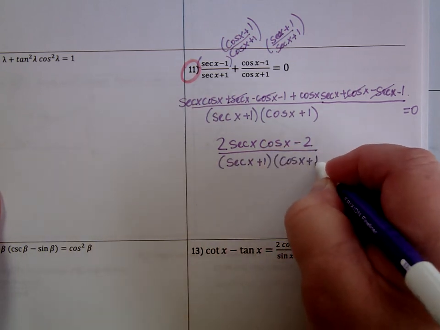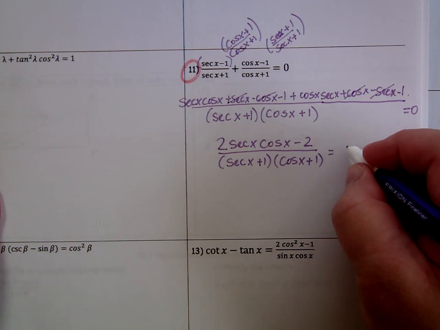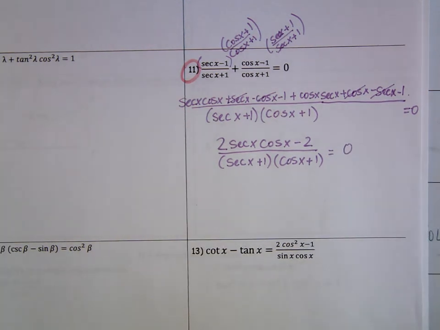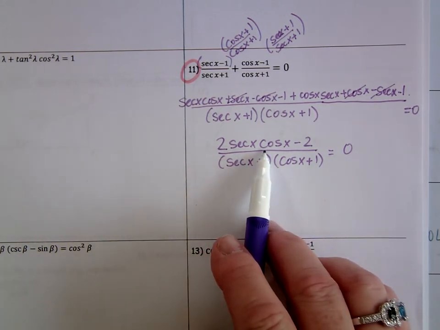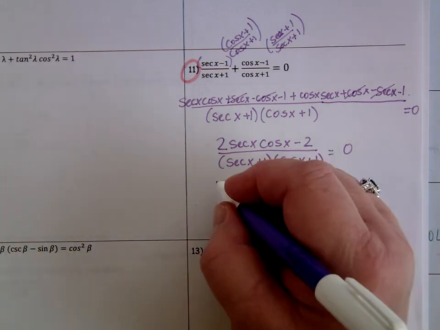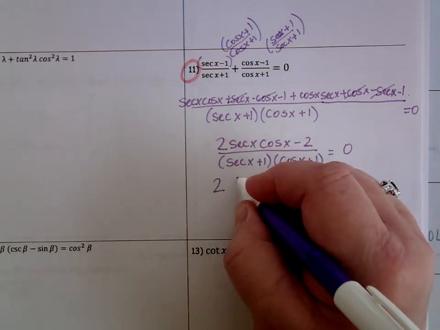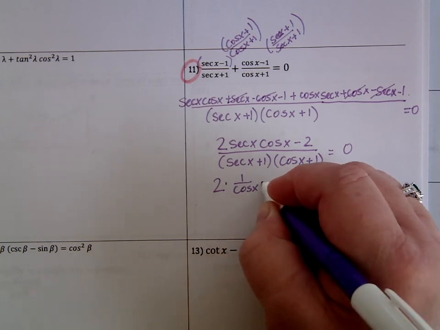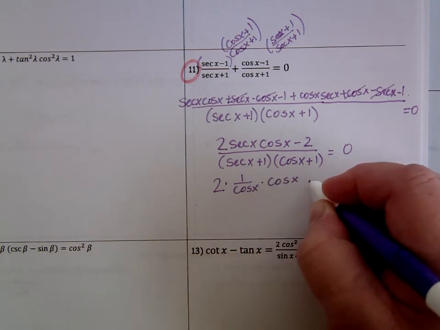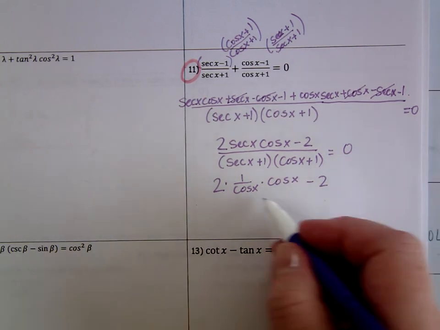Well, that's a little bit better to manage, right? Equals 0. And I know that secant and cosine are friends, right? They're reciprocals of one another. So I'm going to play with my numerator a little bit. Secant is 2 times 1 over cosine times a cosine and then minus 2 all over my denominator.